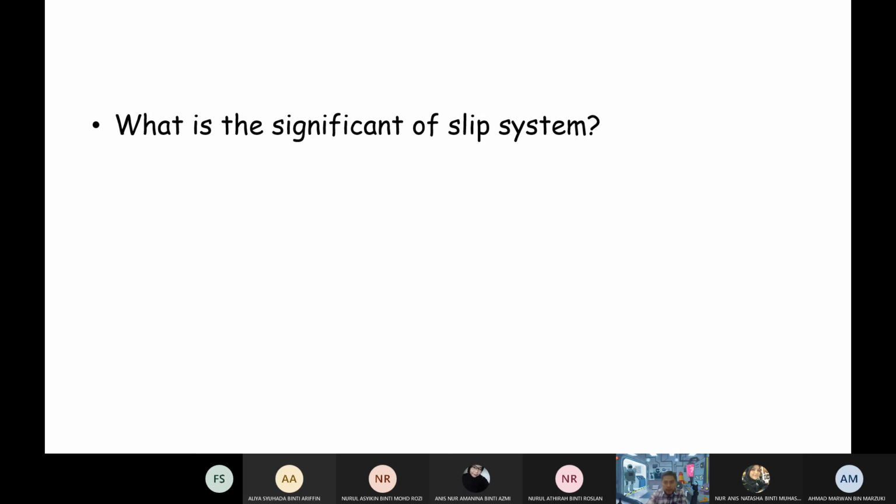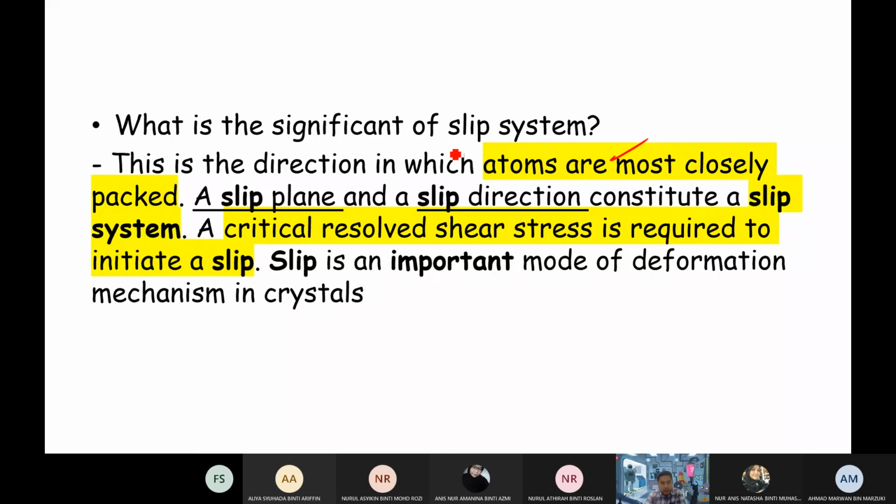And what is the significance of the slip system? This is the direction in which the atom are most closely packed. Slip plane and slip direction constitute a slip system. A critical resolved shear stress is required when we want to initiate a slip.